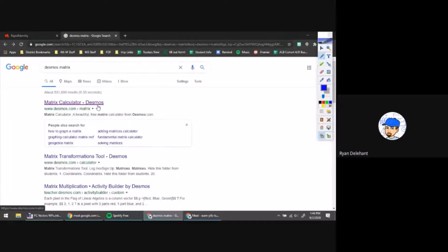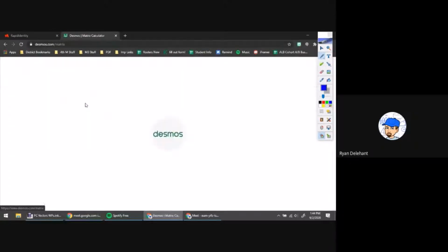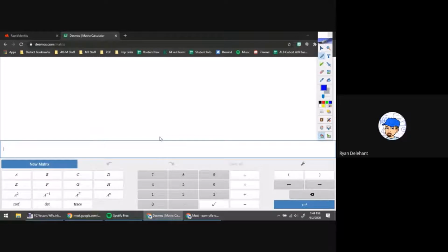So take a computer and go to the matrix, type in Desmos matrix and search for it. It'll be right on the top. And when you click on it, it's going to bring up this calculator right here. And our graphing calculators, if you have one on your desk, you have one at home, you can also enter matrices in there and it'll do the operations for you quicker, which is why we do these things in matrices.